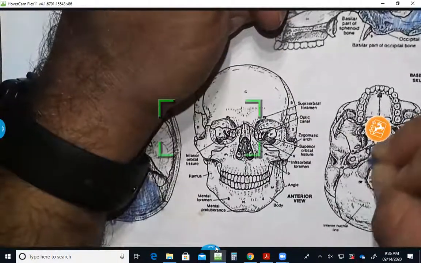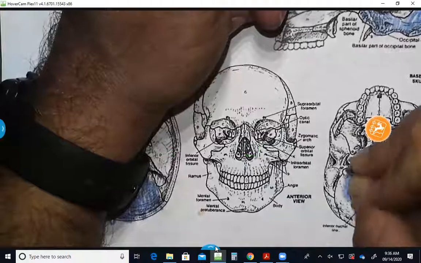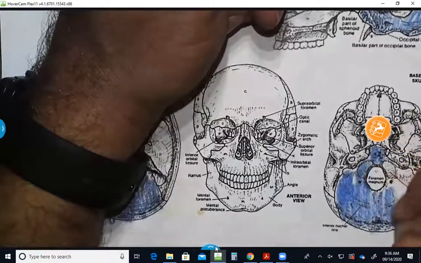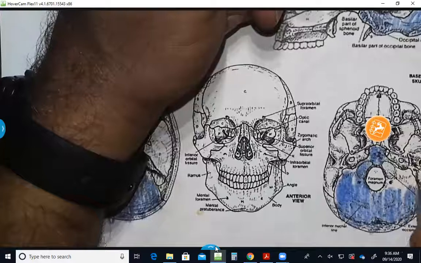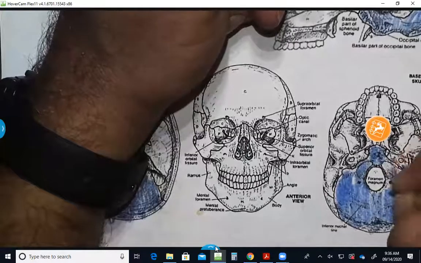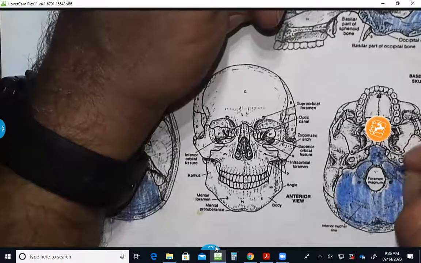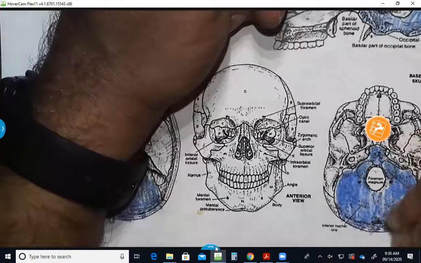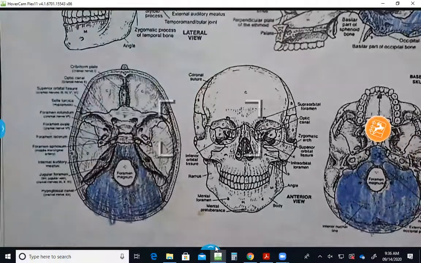This far right image on the bottom is one that I'm focused on a lot on this page, for the occipital bone, that is.